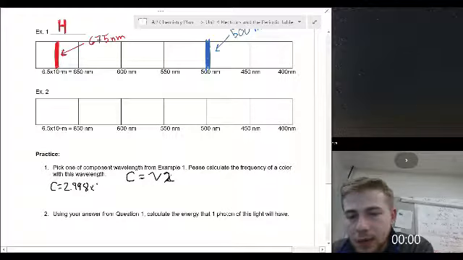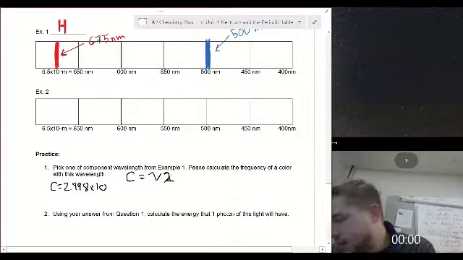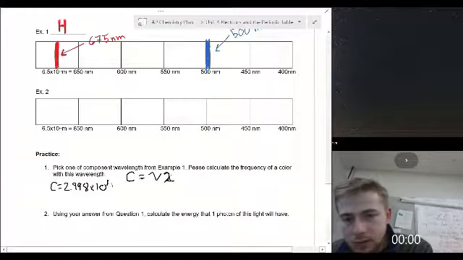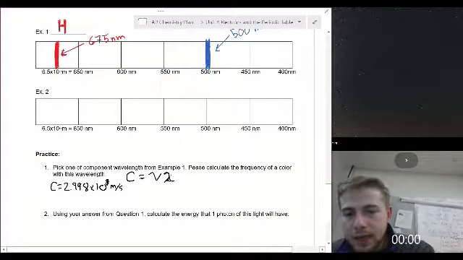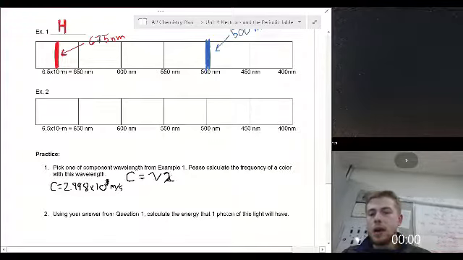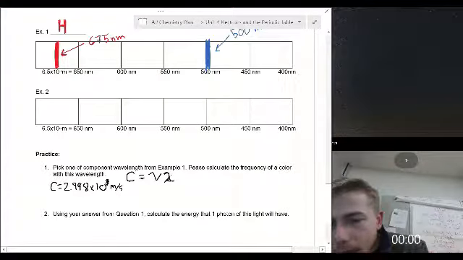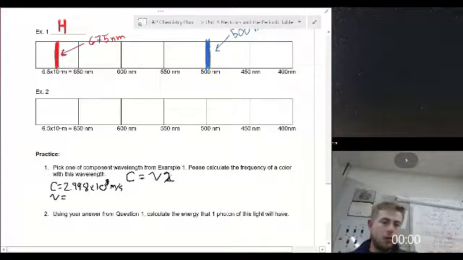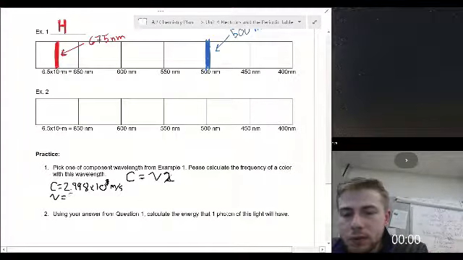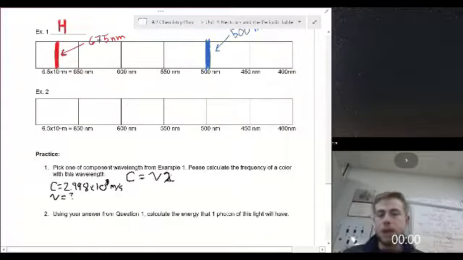2.998 times 10 to the 8th meters per second. Okay. My frequency, or my new, Greek letter, is my unknown, so I'll put a little question mark by it.